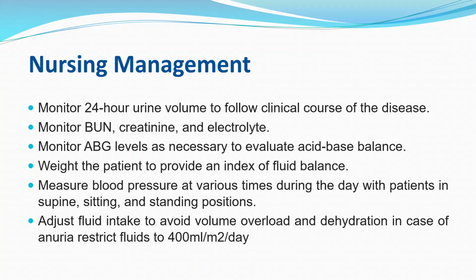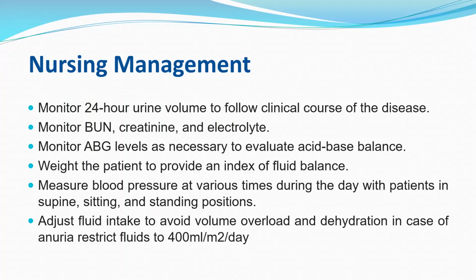Also, creatinine and electrolyte balance monitoring, and monitoring of ABG levels, because for the ABG sample carried by the nurse, also make sure of the heparinization of the syringe. Also make sure the proper sample is sent to the lab within proper and accurate time.